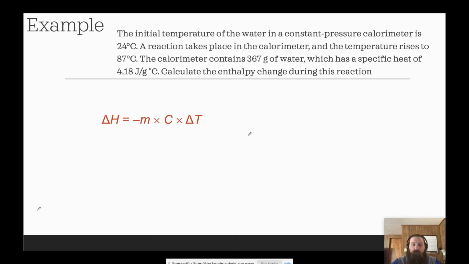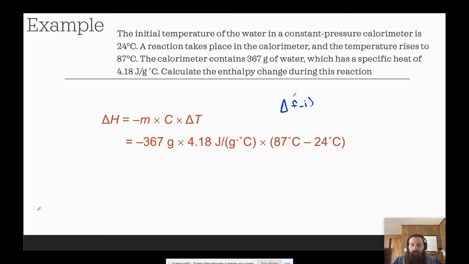All right, well, we know we're going to use the delta H formula we just talked about. So delta H equals negative MC delta T. So we're going to plug those variables in from the question. So negative 367 grams, 4.18 joules per gram Celsius. And then remember that delta is always final minus initial. So I have the final temperature and I have the initial temperature right there.